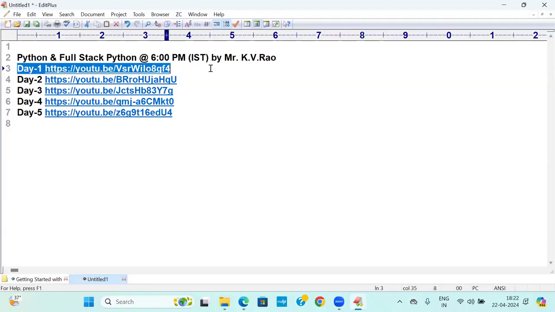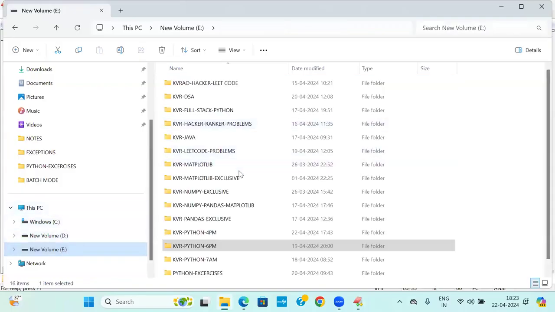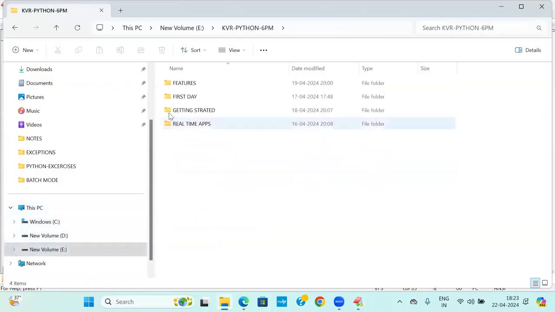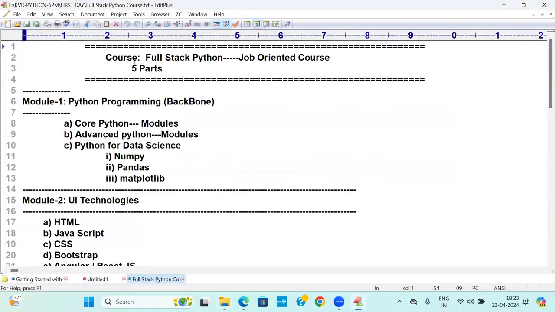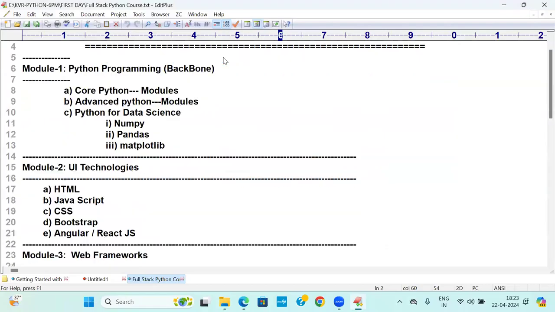I just wanted to show you within a few minutes what I said: what the full stack Python course contains, how many modules are present inside it, and how they are useful. It was just an introductory part.